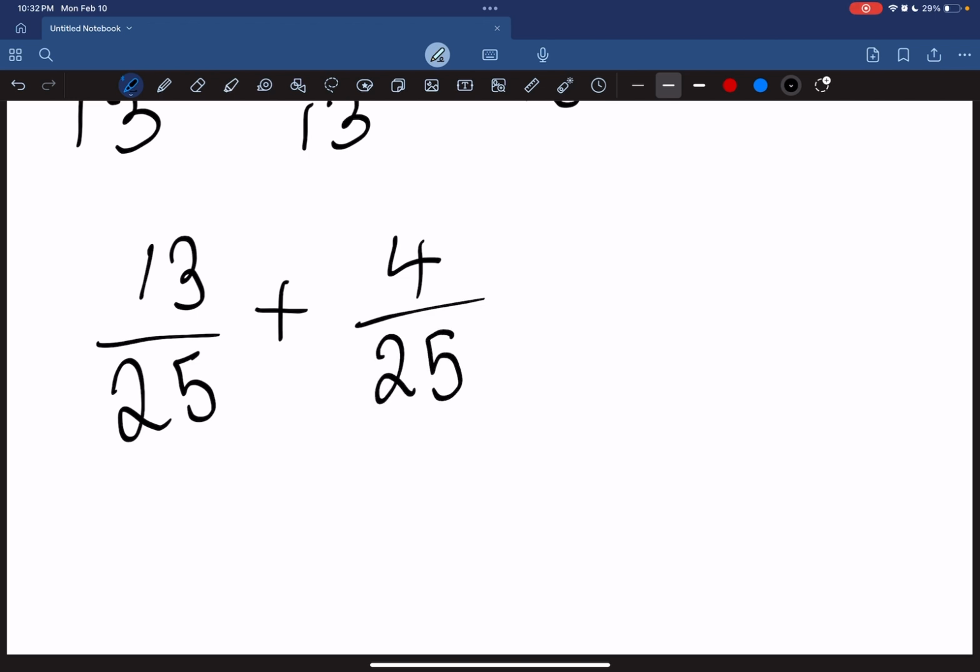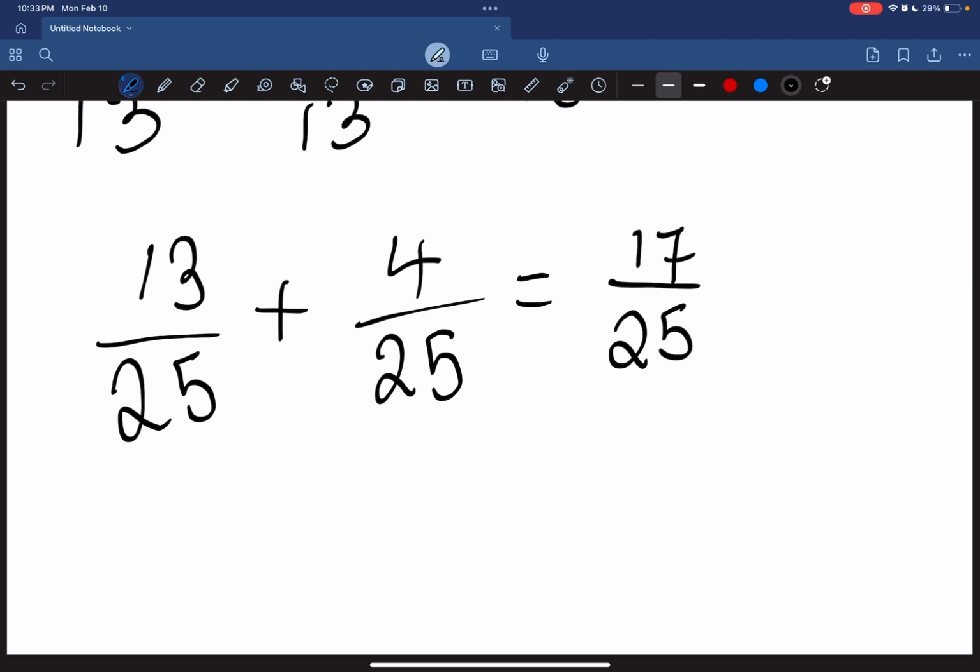So still the same thing. The denominators are the same, obviously, so we keep it. Once it's the same, we keep it. What we do now is just add what's in the numerator. That's the 13 plus the 4, not the 14 but 4. 13 plus 4, everyone knows that's 17.